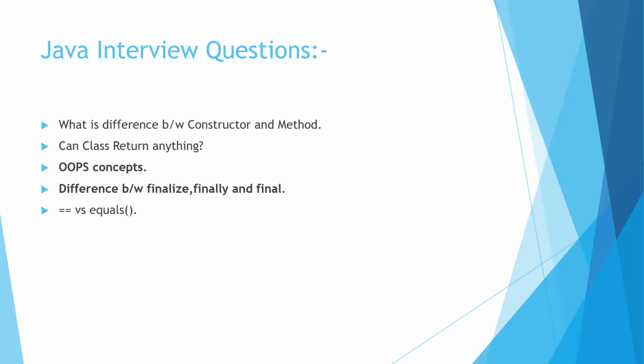Finalize is used for garbage collection, finally is used in exception handling, and final is used like the const keyword if you have worked in C or C++. Then he asked me the difference between the double equals operator and the equals method. Double equals is a relational operator, and equals is a method.